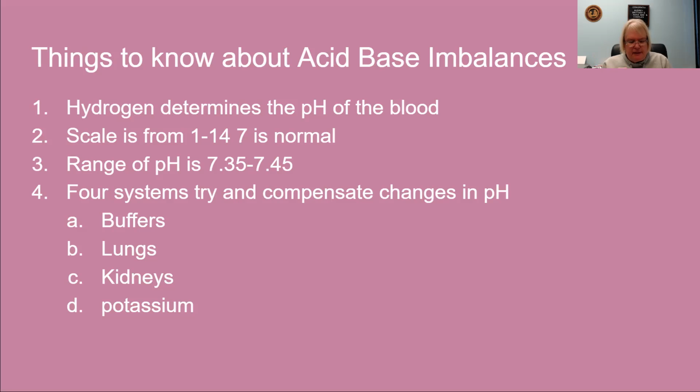There are 4 systems that try to compensate for changes in the pH. We have buffers, and under buffers, we have the hemoglobin system, and it's all about the chloride shift. Each chloride ion that leaves an RBC, bicarb enters.